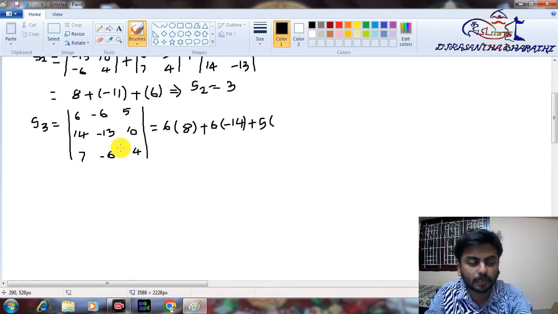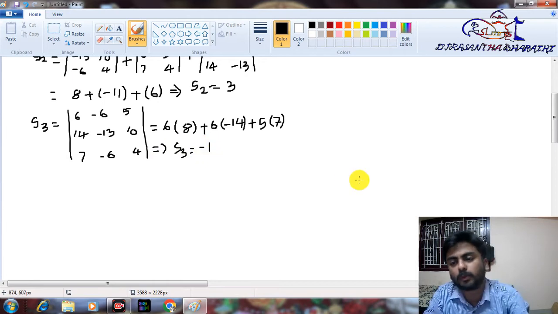So 91 minus 84 is 7. So 5 into 7. On the whole, we will have S3 equal to -1.